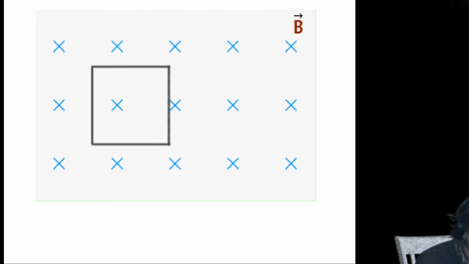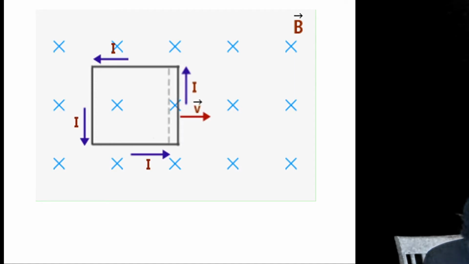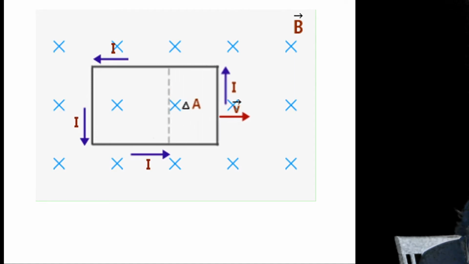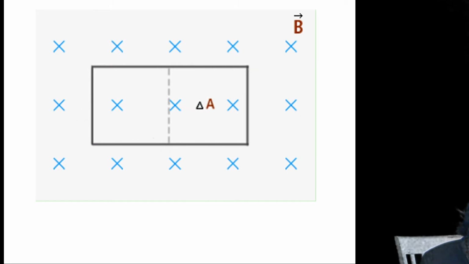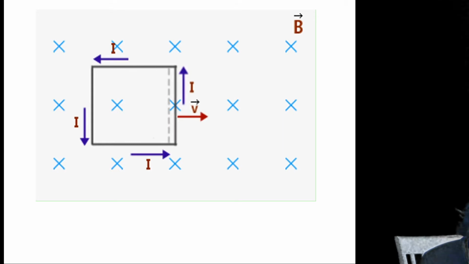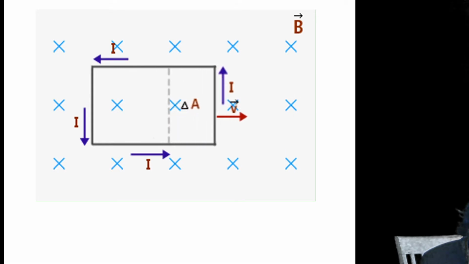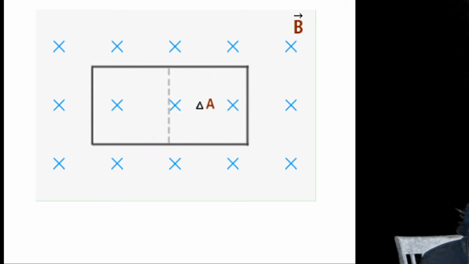While keeping the magnetic field constant, we can increase the flux by moving one edge of the loop outward with speed v. Because the magnetic field strength is represented by the density of field lines, the rate at which the field lines enter the loop's interior is proportional to the rate at which the area of the loop is changed.